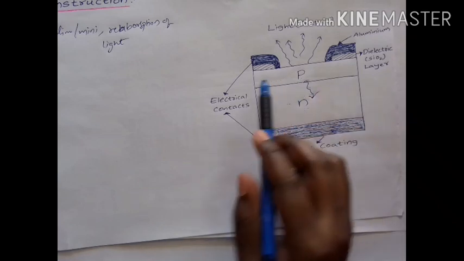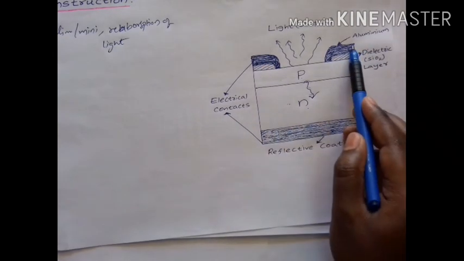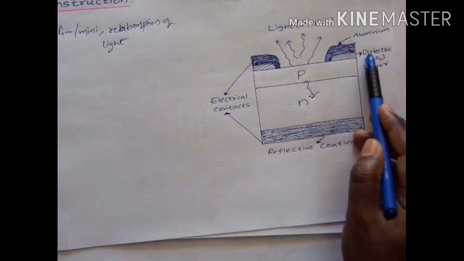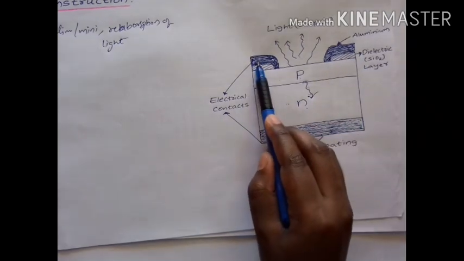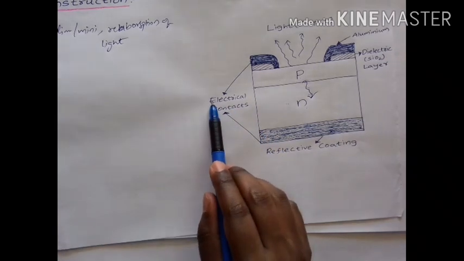photons. And we can also observe in this diagram that we are arranging some aluminum arrangement. We are providing an aluminum arrangement and dielectric layer, and this aluminum and the silver coating are connected to electrical contacts.